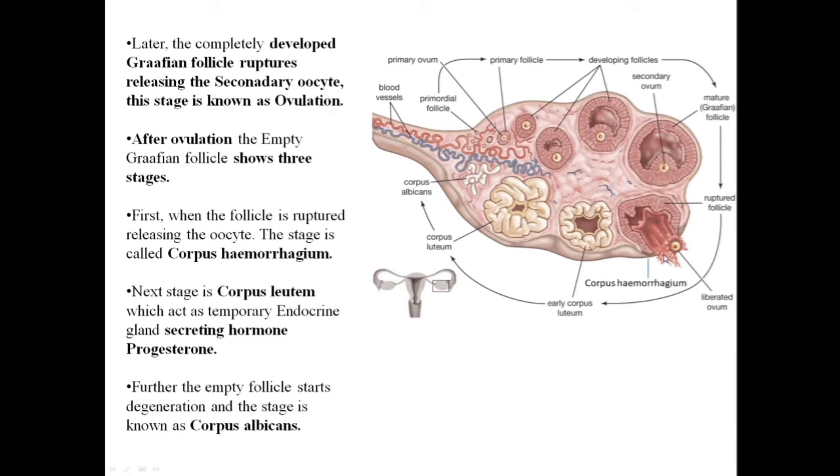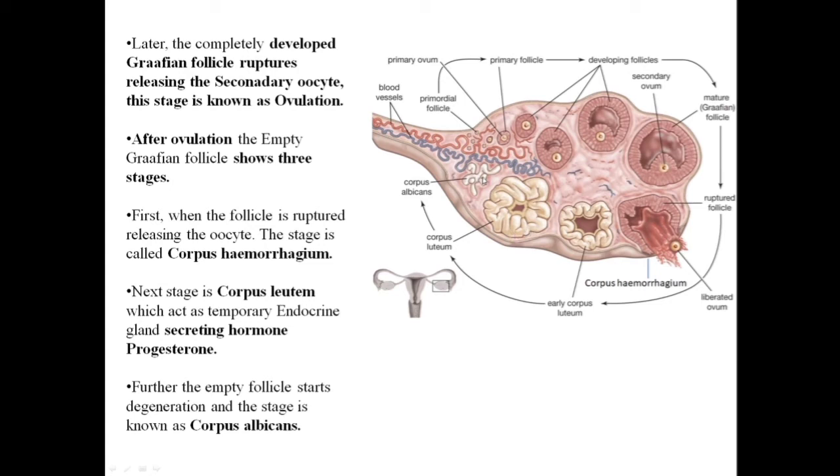As there is a rupture, after some time the blood vessel undergoes clotting, and the next stage is formed which shows an empty follicle, and this stage is called corpus luteum. There is an early corpus luteum stage and a later corpus luteum stage. The function of the corpus luteum is to produce the hormone progesterone, but it acts as a temporary endocrine gland, producing this hormone on a temporary basis.